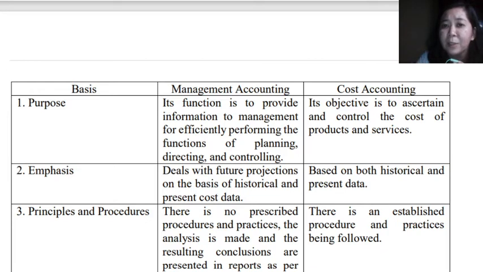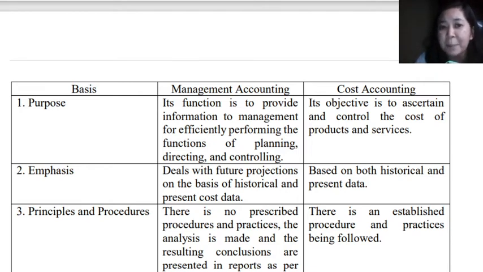While under cost accounting, its main objective is to ascertain and control the costs of products and services and other activities of the entity. So more specific concern or emphasis is on the cost accounting side.